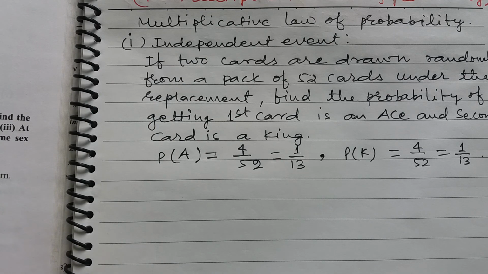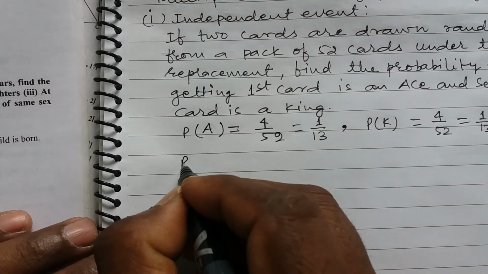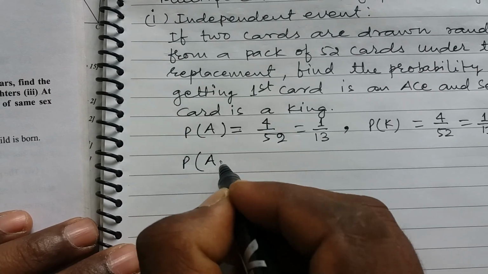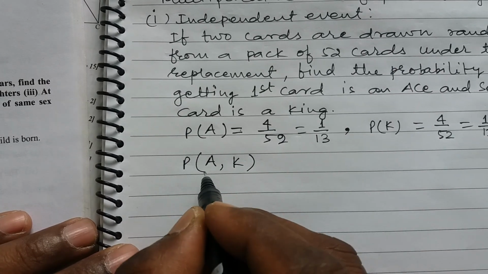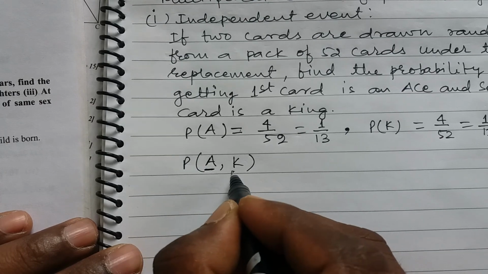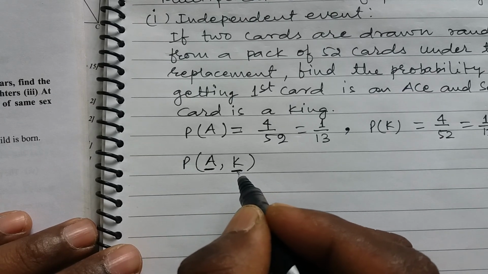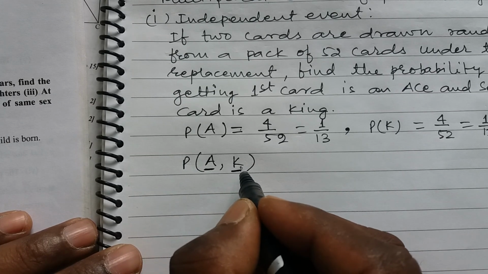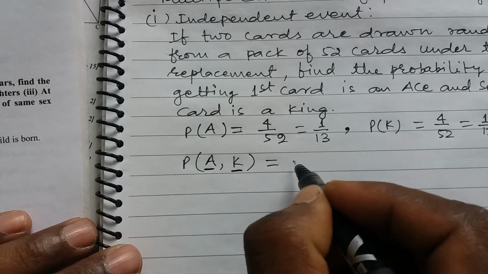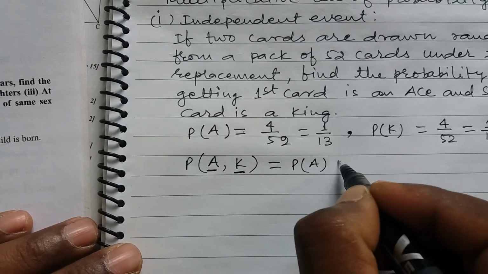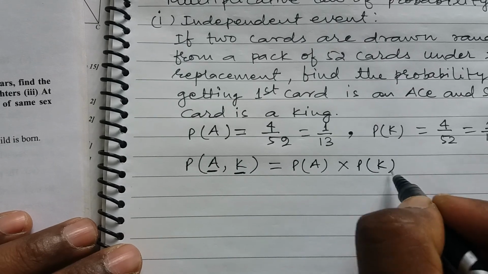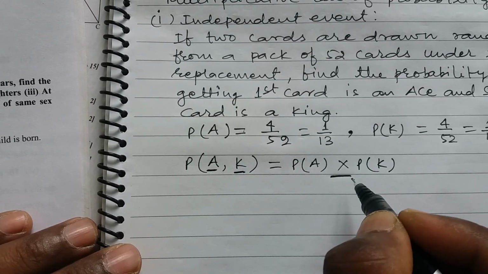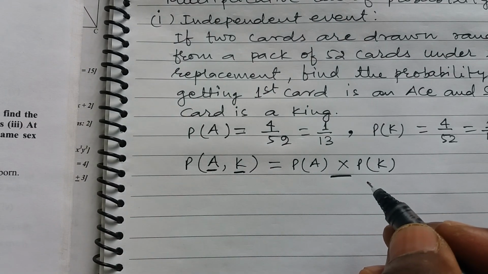And for this we will write in this way: probability of ace and king. This is called first card is ace and second card is king. Sometimes it is also called ace and king, and this is equal to probability of ace times probability of king. Here it is the multiplication, so it is called multiplicative law.